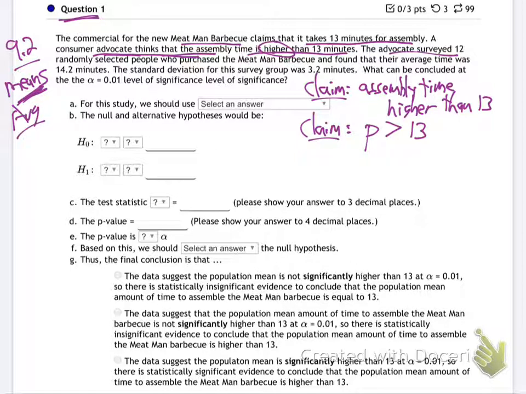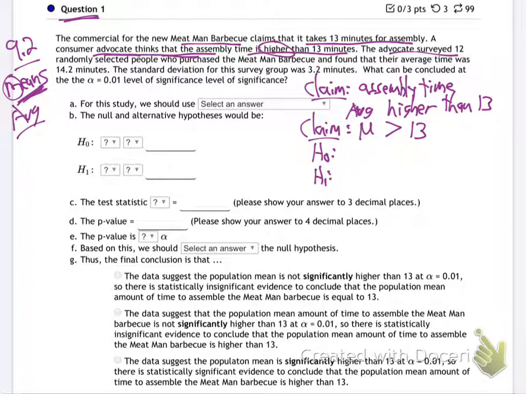Oh, not P, I'm sorry, the mu. So we use the Greek M. It's an M really, but it's a Greek M which looks like a U. It's mu, and it's an M standing for mean or average. We're saying the average is greater than 13. Okay, and then we're going to write H0, and we're going to write H1.